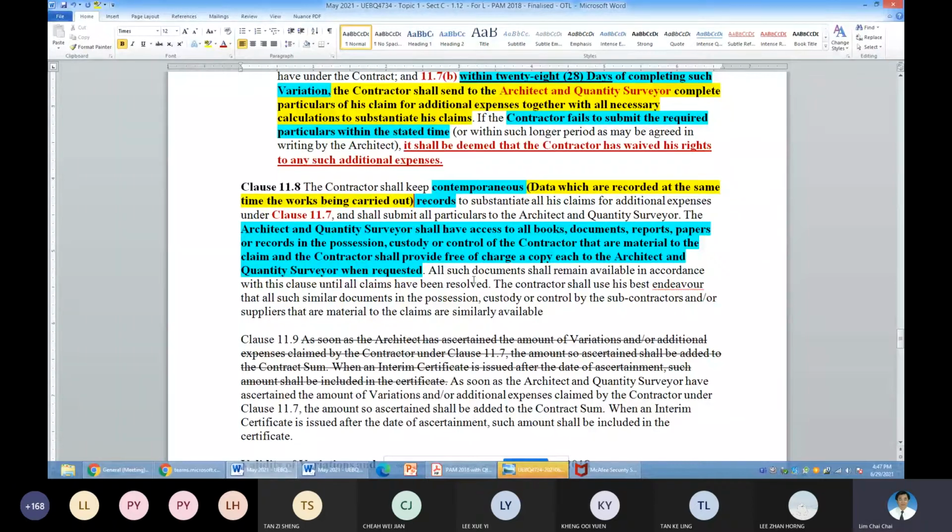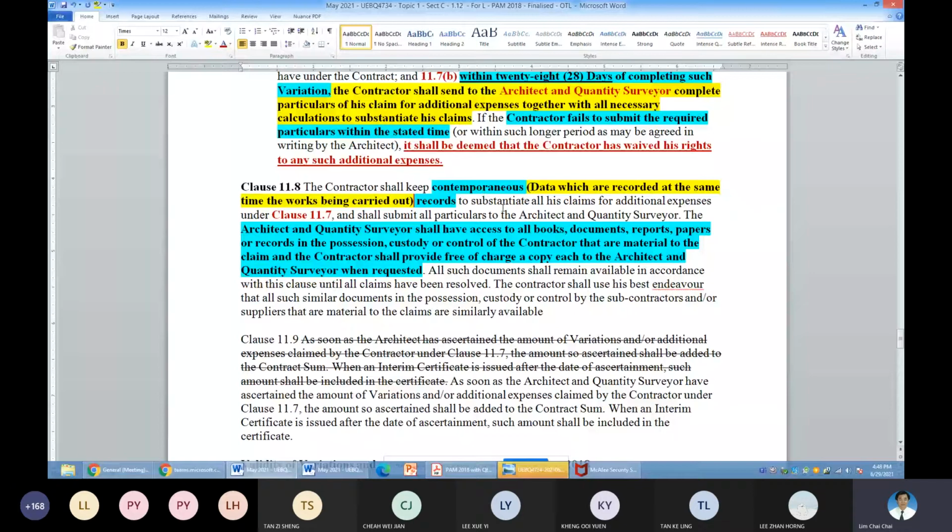This is called contemporaneous, very near to the action, to the activity record. You cannot have a data, the paper of claim or your submission that is too early or too late. Are you clear? Contemporaneous means around that time.